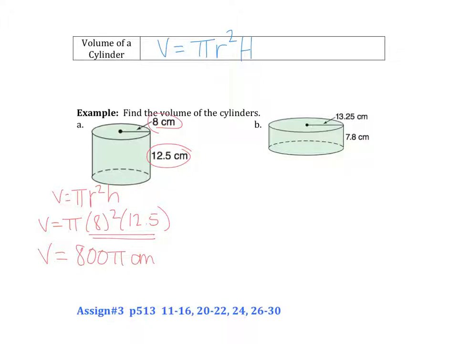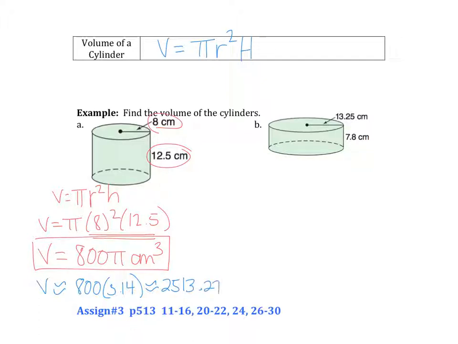And then remember, we're talking volume, so it's centimeters cubed. That exact answer then is, again, taking that 800 times that pi. So that's 800 times, either using your pi button or 3.14. You get approximately 2513.27 centimeters cubed. Again, that's the approximate, and this red one is the exact. Hopefully by now you're getting used to those two terms.